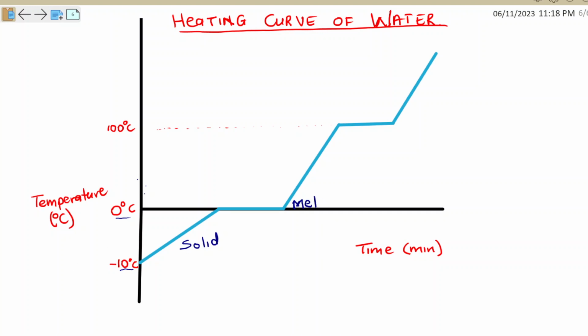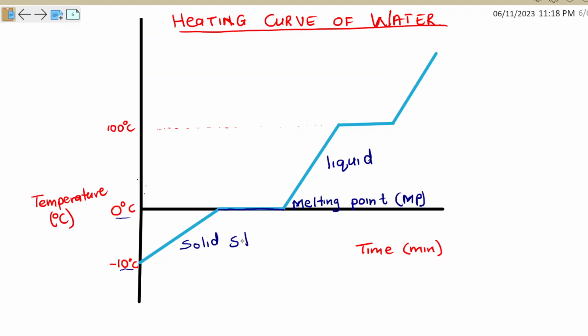We call it the melting point. Now the water is melting at this state. I'm going to say MP, melting point. So all of this part is the melting point. And then as the temperature increases from 0 to 100, we said this phase of water is a liquid phase or liquid state.